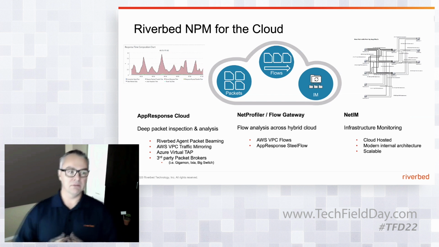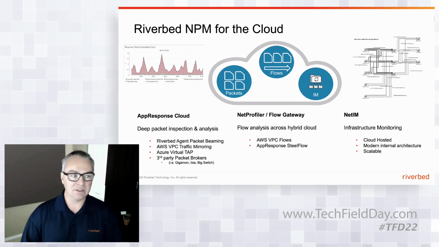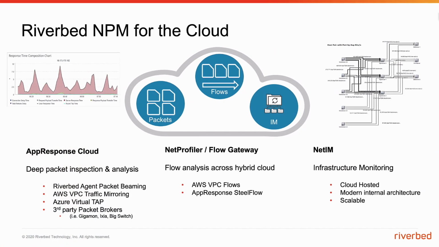So these same elements of the unified NPM can operate. You run them in the cloud. AppResponse Cloud is there. NetProfiler and Flow Gateway is there. NetIM is there. And again, they do the same thing, right? They're getting at the same information that you need. They're getting you the packet data, the flow data, and then the infrastructure monitoring and synthetic testing capability.